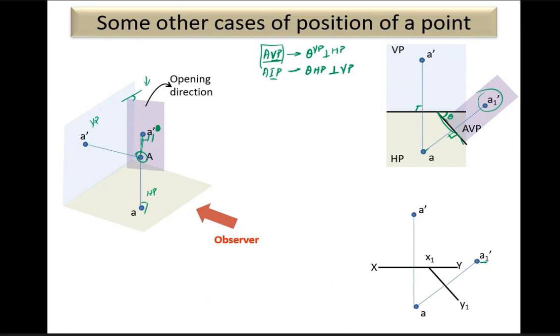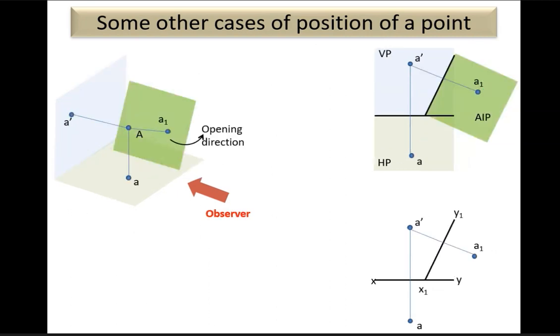Is it fine? We'll see the next case. We have got this auxiliary inclined plane. This makes a certain angle with HP. This is theta with HP. And the projector is perpendicular to this, and it is perpendicular to VP.